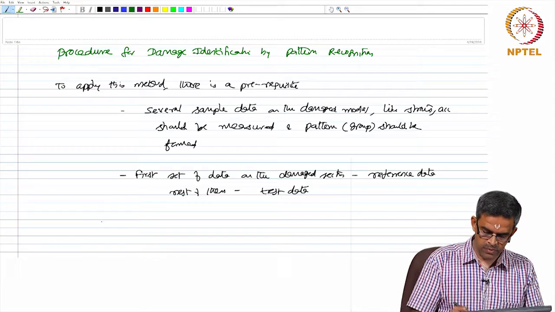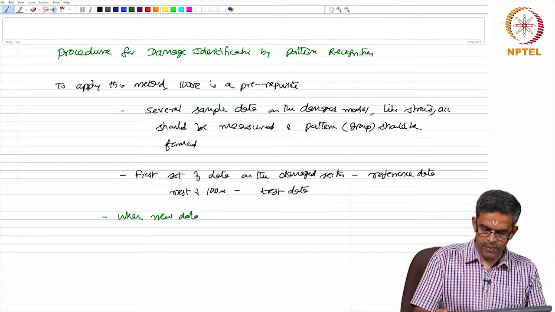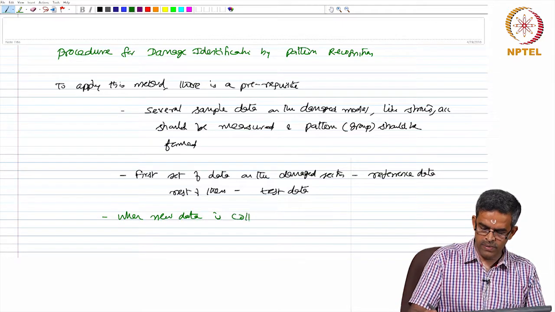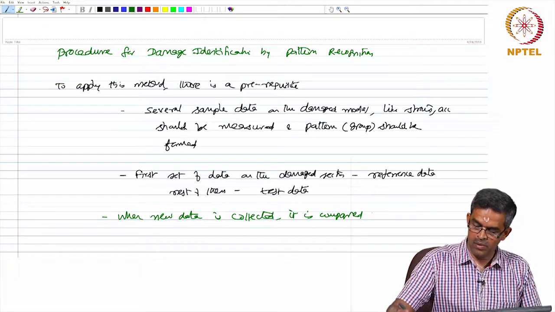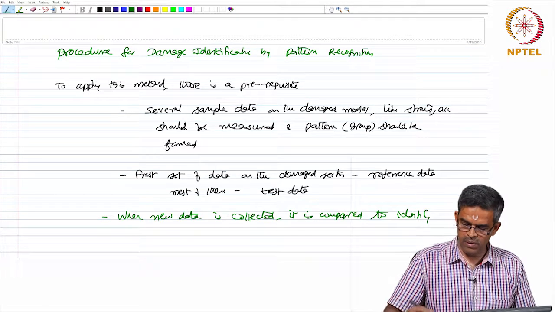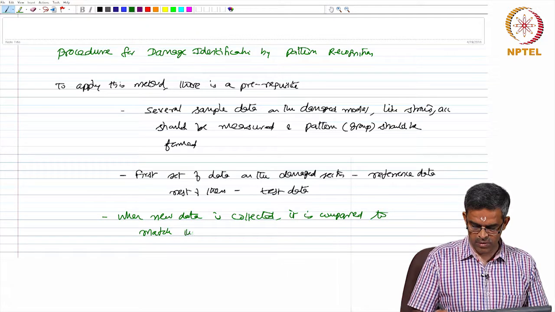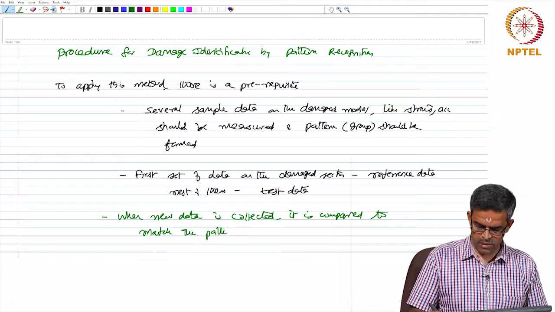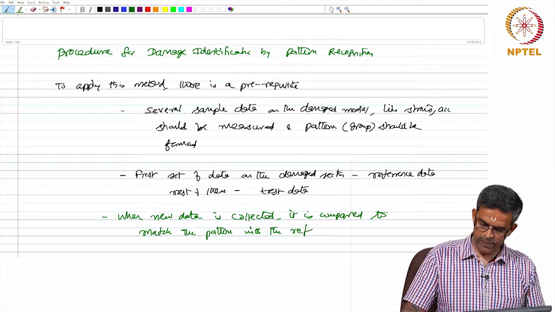Now, when new data is collected, it is compared to identify, or let us say to match the pattern with the reference data.